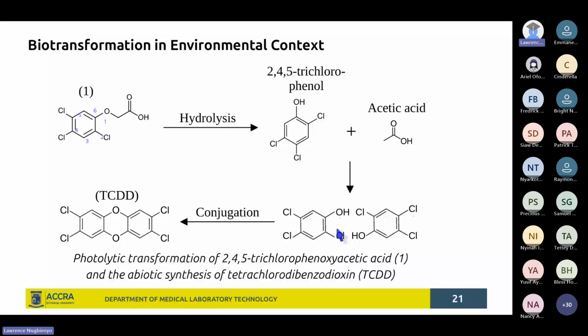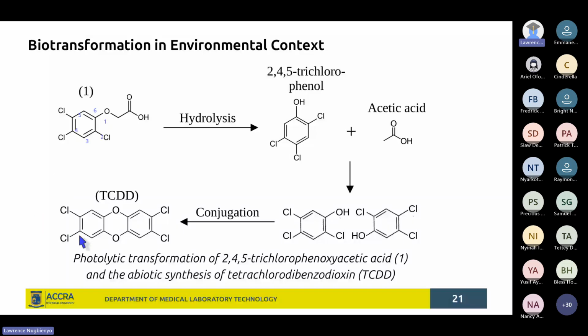So two trichlorophenol can bind and form what we refer to as TCDD, the tetrachlorobenzodioxin, which is a toxic substance. It's persistent in the environment. It does not easily get degraded.